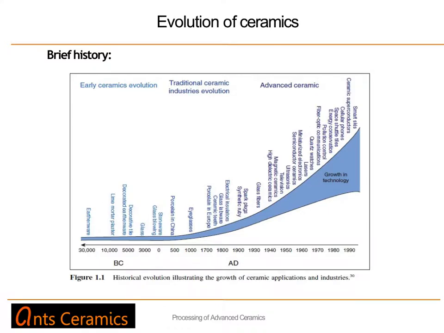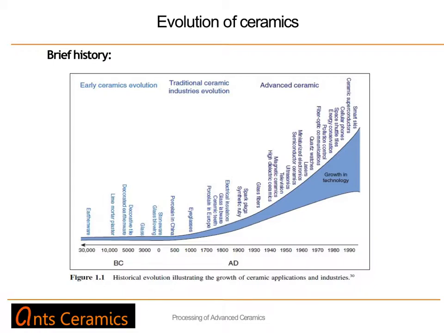The oldest evidence of using ceramics was found as earthenwares before 30,000 BC. There were several applications of ceramics in day to day life at that time. Later, people developed a lot of ceramic materials over a long time, and those were very important aspects of human civilization.